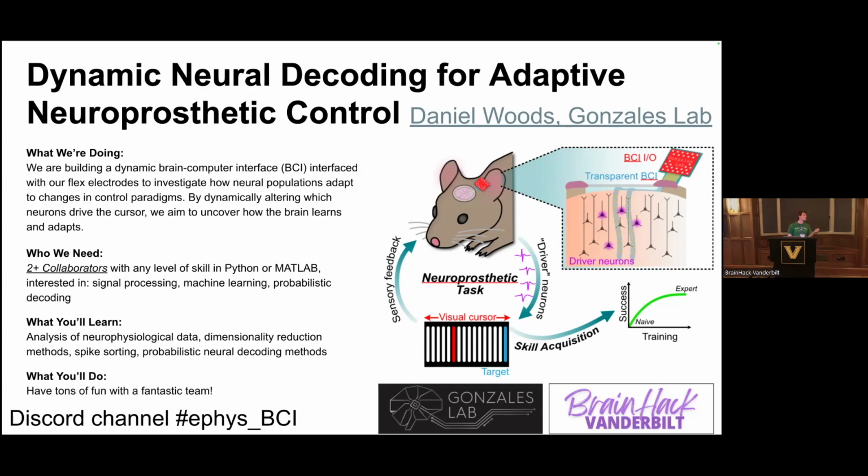You then want to study the neural effects of these changed subpopulations while the mouse is trying to adapt to this behavior. At the core of what we want to do in BrainHack is to create a decoder. We have our own recordings from the lab, and some sample recordings from different labs, and we'll create some form of a visual cursor that will be driven by subpopulations of electrophysiological recordings.